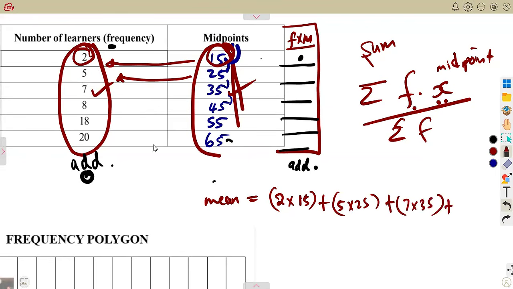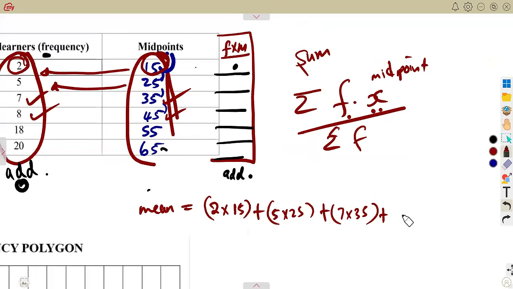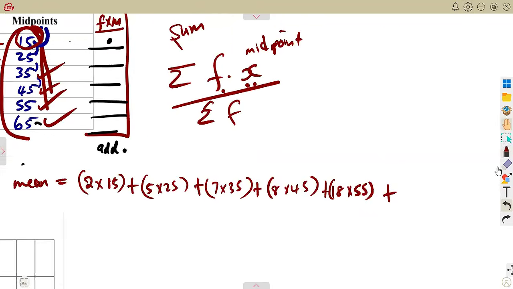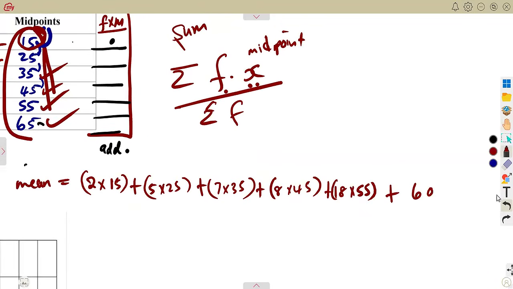You move on. 8 versus 45. Then 18 and 55. You move on. 20 and 65. You multiply frequency by the midpoint up to the last one. So that's 20 times 65 in that case.